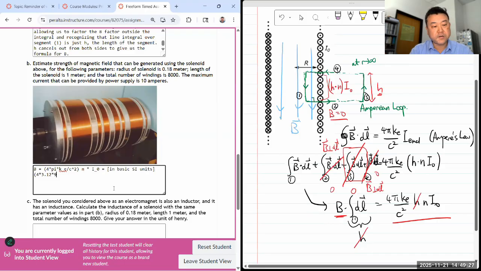K in basic SI units is approximately 9 times 10 to the power of 9, divided by 3 times 10 to the power of 8 meters per second, times n. Length is 1 meter, total windings is 8,000, so it's 8,000 windings per meter, times I naught, 10 amperes. So with all those, can I do this in my head?